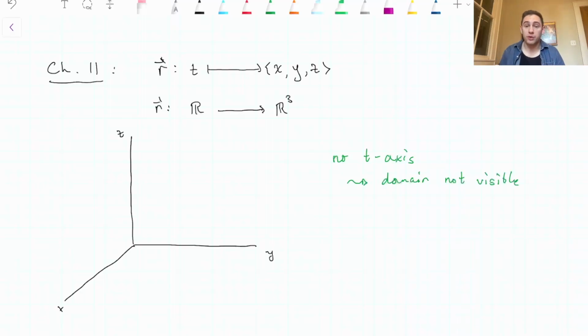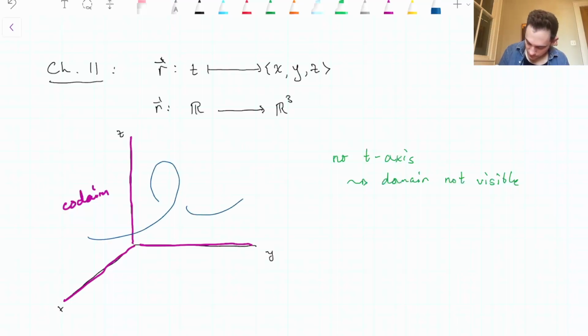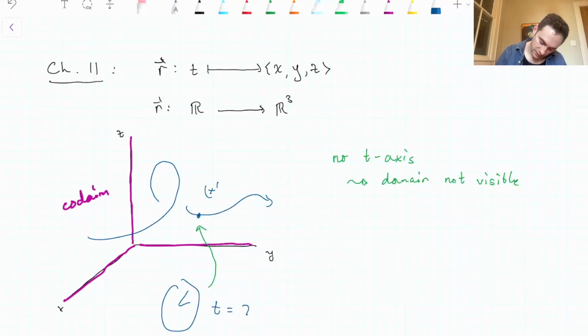Instead, all 3 visualizable dimensions of space were codomain. They were all output. So at some given time on the clock, t equals 7, this input gets mapped to some output, x of t, y of t, z of t.